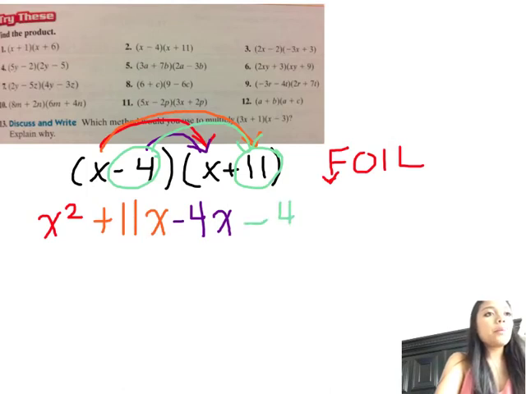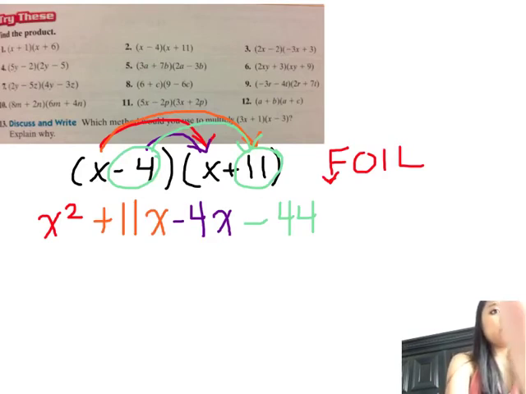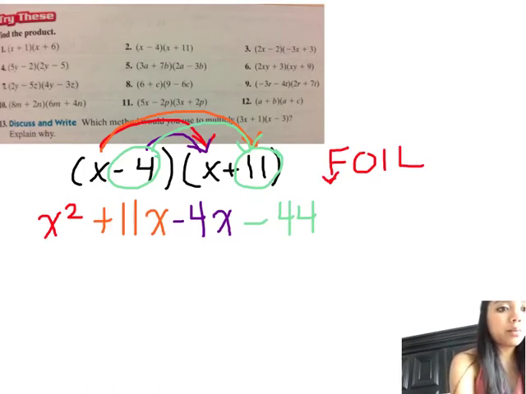So I'm going to do number 2 with y'all. I'm going to go ahead and make this smaller. We are doing x minus 4 times x plus 11. So on your piece of paper, you need to be writing this down.